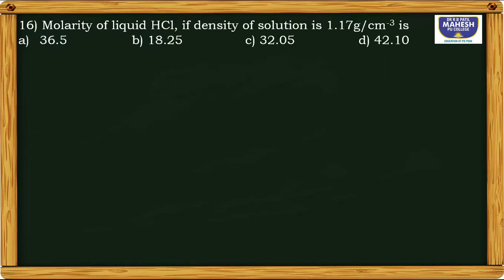Now let us solve the next question. Question number 16. Molarity of liquid hydrochloric acid if its density is 1.17 gram per 1 centimeter cube. So let us use that. HCl they have given. What is the mass they have given? 1.17 gram. And this 1.17 gram is present in 1 centimeter cube of the solution, that is nothing but 1 ml of the solution.